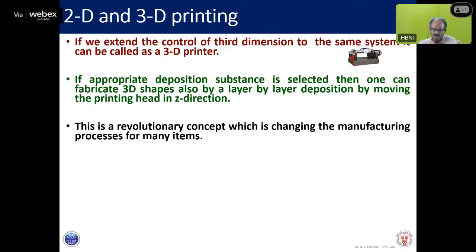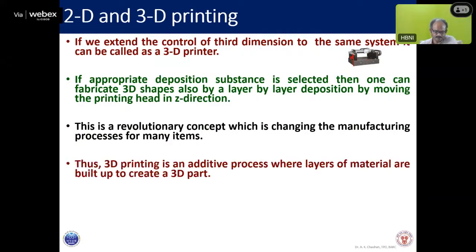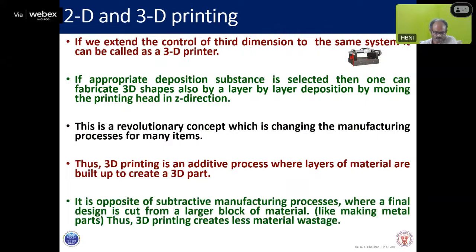This is a revolutionary concept which is changing the manufacturing process for many items. Thus, 3D printing is an additive process where layers of material are built to create a 3D part. It is the opposite of the subtractive manufacturing process, where a final design is cut from a larger block of material, like making metal parts. Thus 3D printing creates less material wastage.